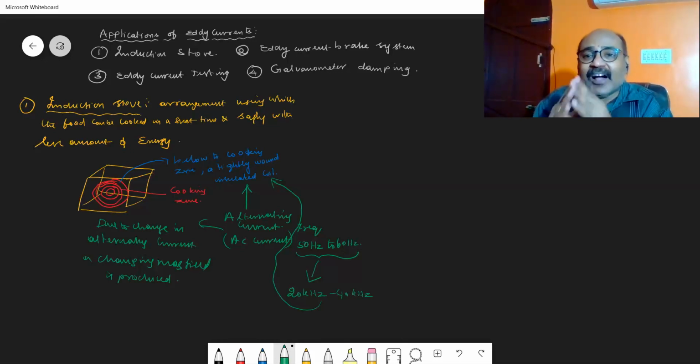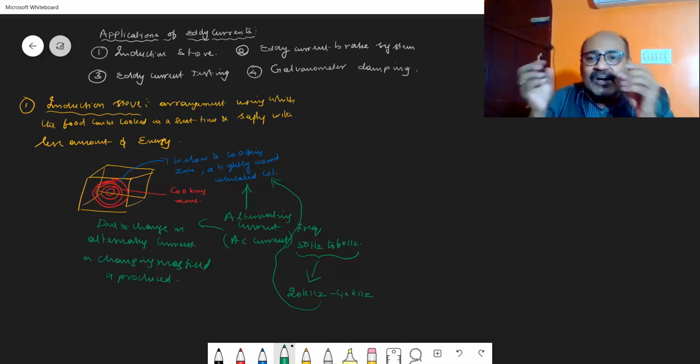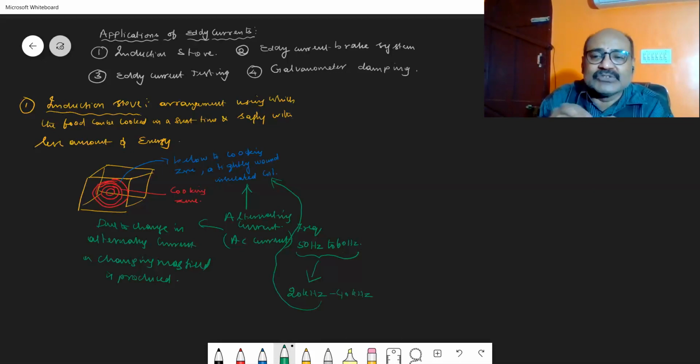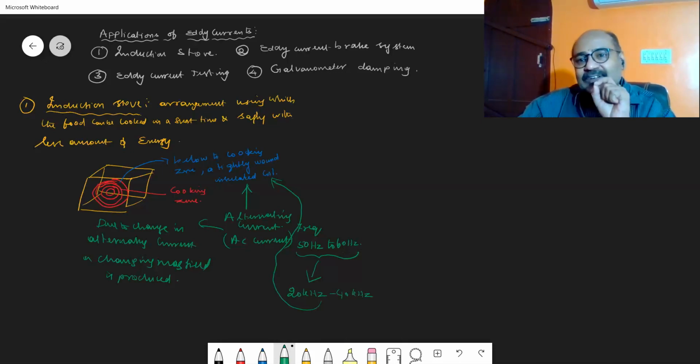When the rate of change of magnetic flux is high, automatically a large amount of eddy currents are induced. That large amount of eddy current can develop a large amount of heat energy with the help of which the food can be cooked within a short interval of time.